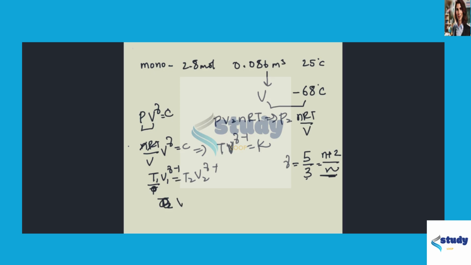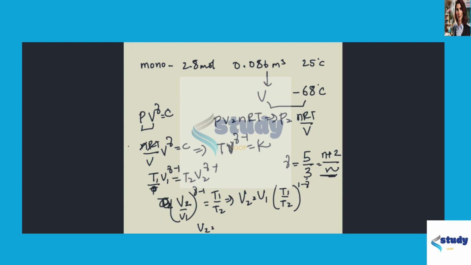So, V2 by V1 power gamma minus 1 is equal to T1 by T2, which gives us V2 is equal to V1 times T1 by T2 power 1 by gamma minus 1. That is it.